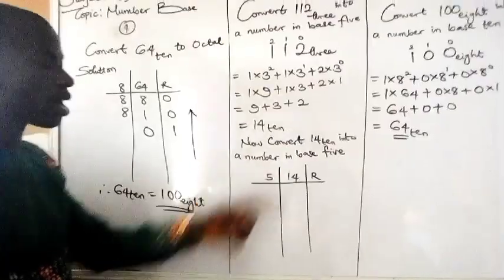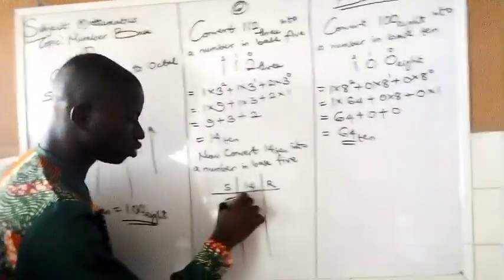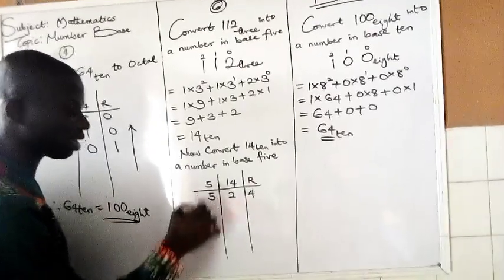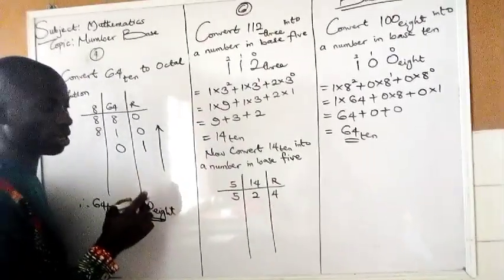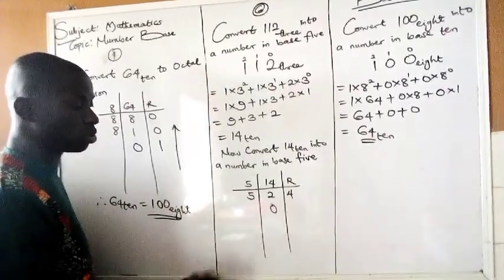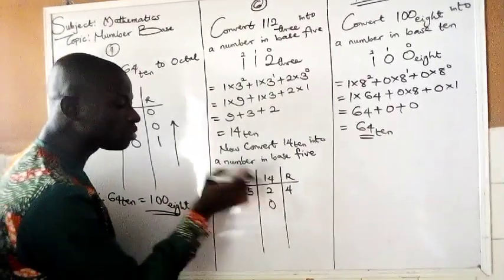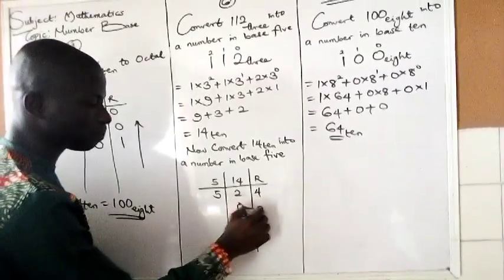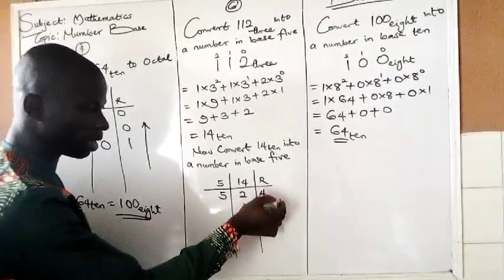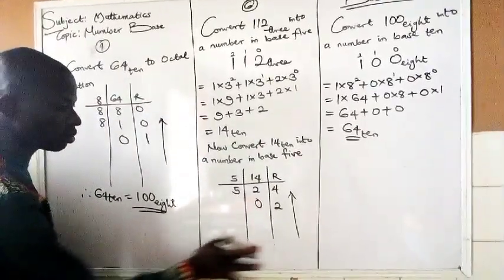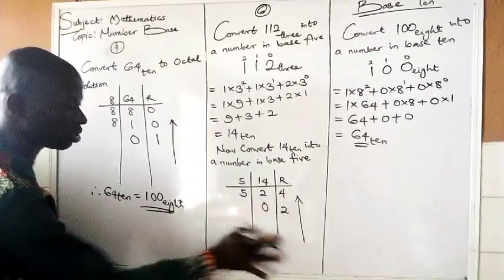How many 5 can you say in 14? 2. Remainder what? 4. Good. You put 5 again. How many 5 can you say in 2? That is 0. That's not possible. What do you do? You now carry the remaining one, as in the number you have here before 0, you transfer it here. Do you understand that now? Then draw your arrow. Are we paying attention? Then we have our final answer here.